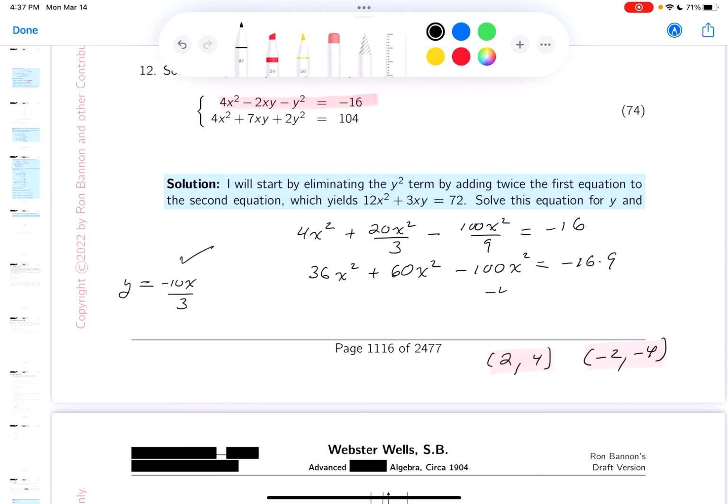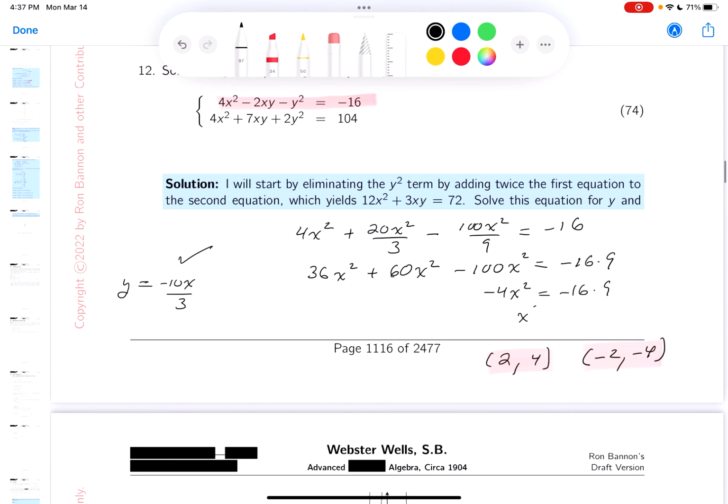Oh, so minus 4x squared, right? Equals minus 16 times 9. So x squared would equal 4 times 9, or 36. So that means x would be, for this one over here, x would be 6 or minus 6. Well, let's see, if x is 6, what would y be? You get minus 20. If x is minus 6, you get plus 20.